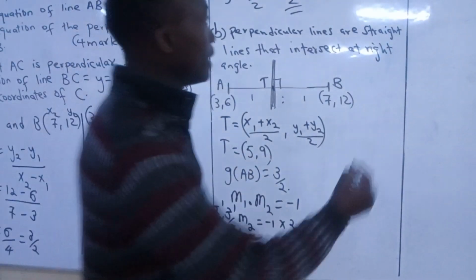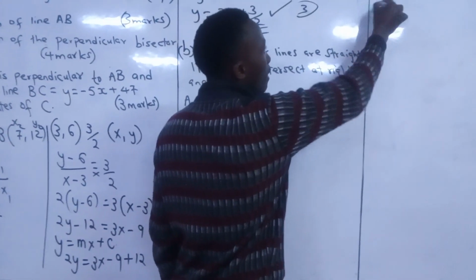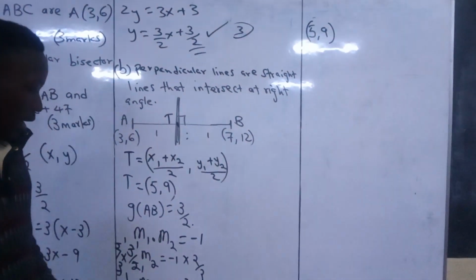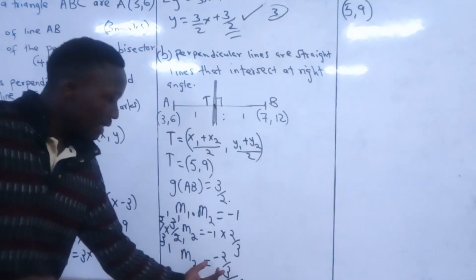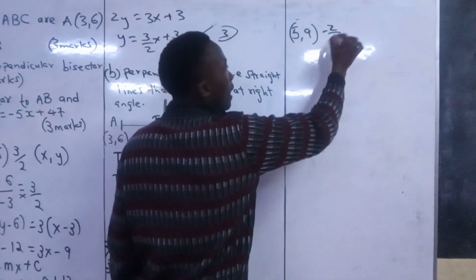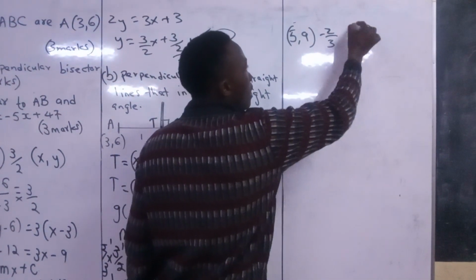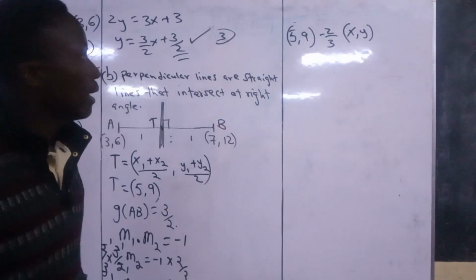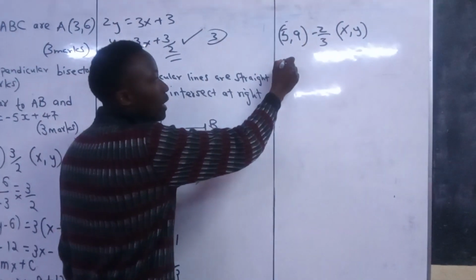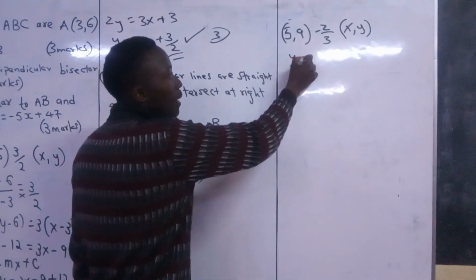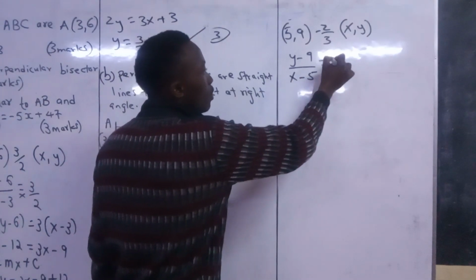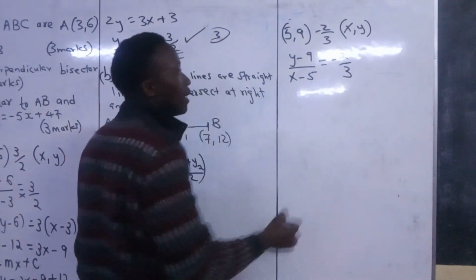We have the coordinate (5, 9), and we have our gradient as -2 over 3, and our arbitrary point is (x, y). So the gradient of the line is change in y, y minus 9, over change in x, x minus 5, is equal to -2 over 3.